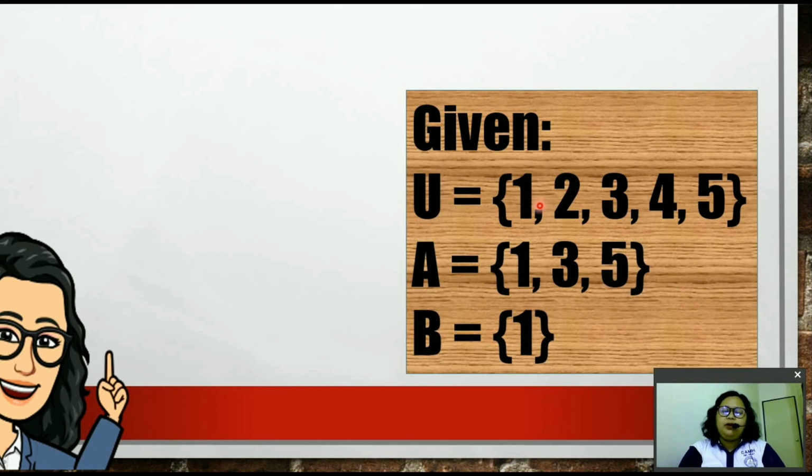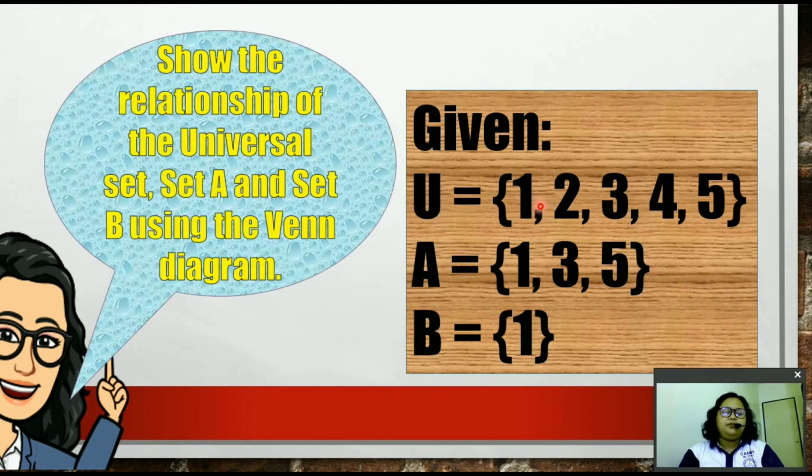So therefore, we'll be using one rectangle and two circles. Okay, show the relationship of the universal set, set A, and set B using the Venn diagram.